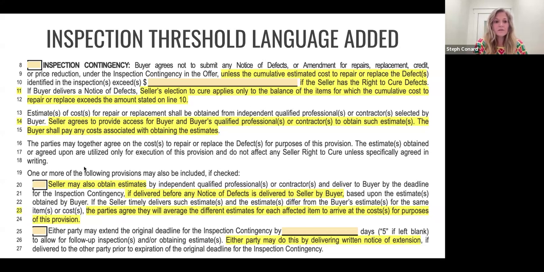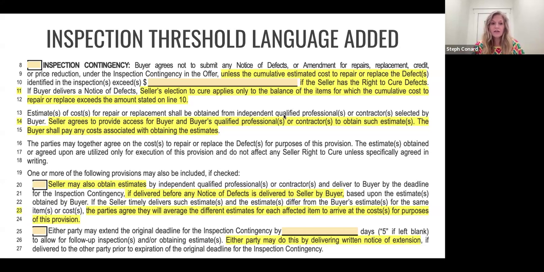The estimates for the cost of repair or replacement shall be obtained from an independent qualified professional selected by the buyer, and the seller agrees to provide access for the buyer and the buyer's qualified professionals to obtain such estimates. The buyer shall pay any costs associated with obtaining the estimates. So this is nice. It states right in here, anytime we're going to be using this threshold amount, we need to get estimates for it, and they need to be provided by qualified professionals.